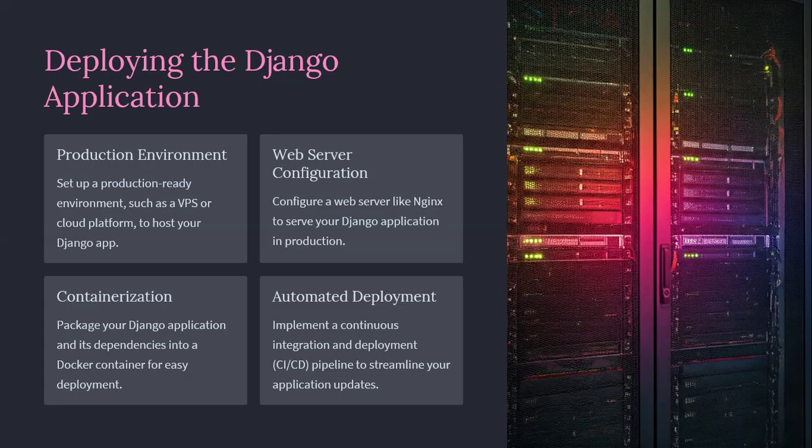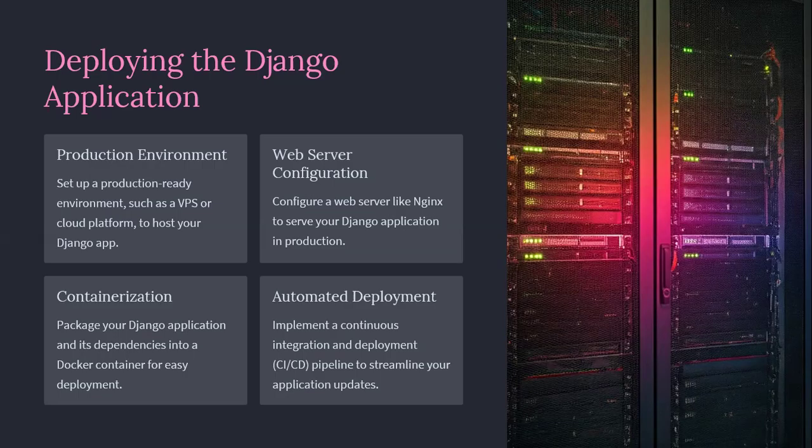Then we have web server configuration. So configure a web server like Nginx to serve your Django application in production. Then containerization. So package your Django application and its dependencies into a Docker container for easy deployment. Then automated deployment.